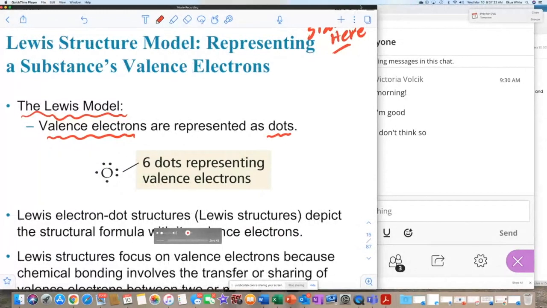I always said as a student, Lewis really liked dots because he represented electrons as dots. Some other people represent electrons as X's or pluses, but he shows electrons as dots.